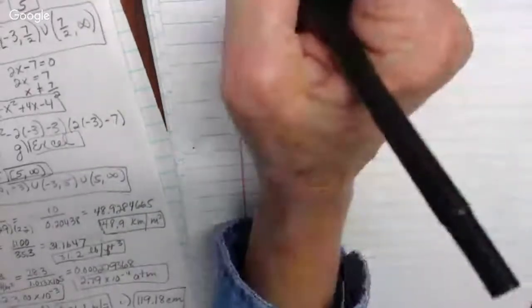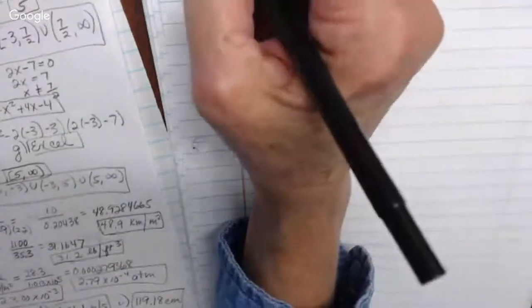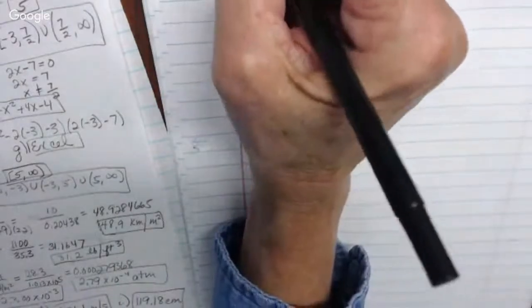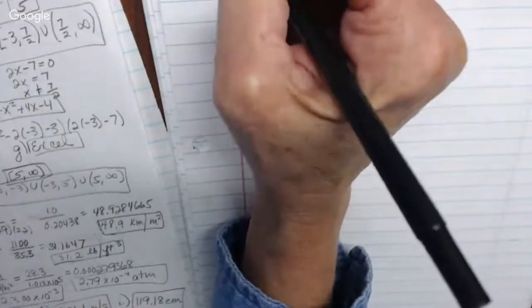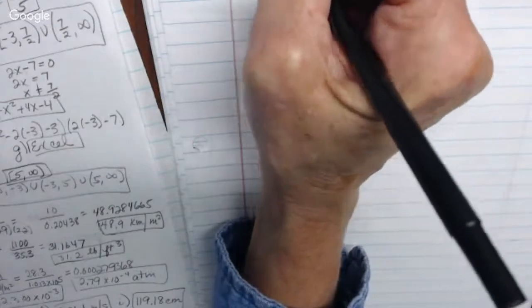pounds per square foot. Okay, so this is 3A, 10 pounds per 1 square foot. And I'm converting this to kilometers over meters squared, okay? So my conversion off the table tells me 2.2 pounds equals 1 kilometer.